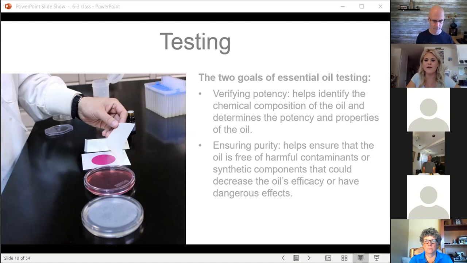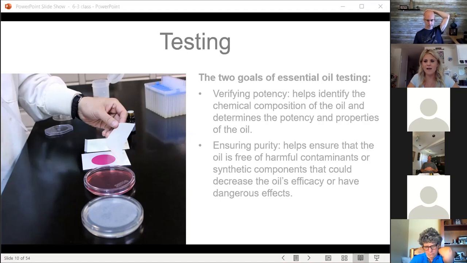So we want to put them through several tests in order to maintain quality assurance, as well as making sure it's sustainable and the same quality in each bottle. So we look at quality control testing, varying the potency. It helps us identify the chemical composition of the oil and determines the potency and the properties of each oil, making sure that we are ensuring it's pure.